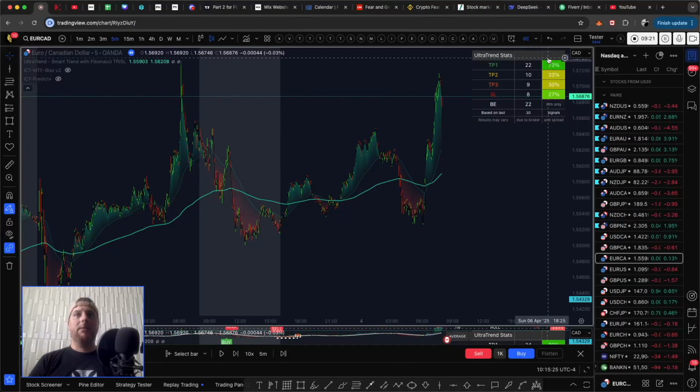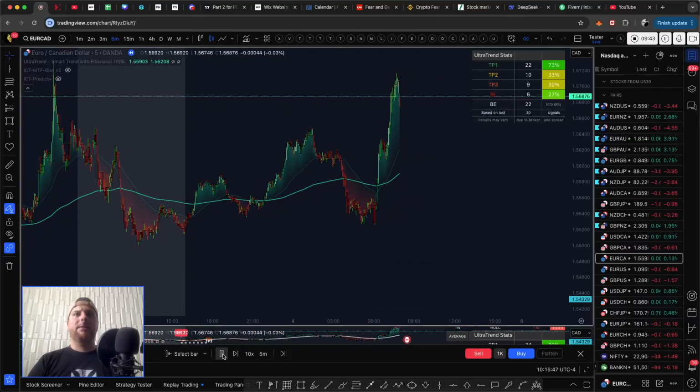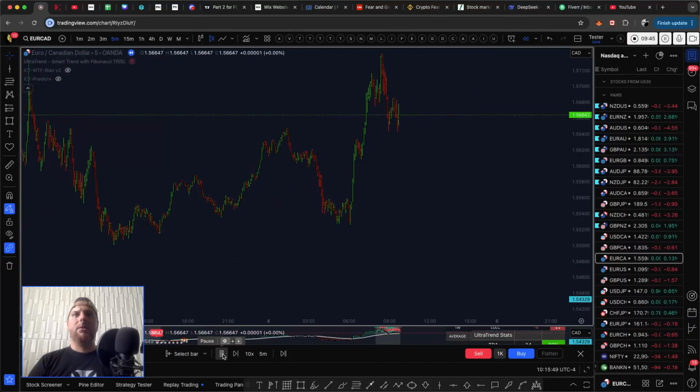It does give some really good winning percentage right here, it's actually good. But what I'm seeing visually right now is a more ranging market, and I don't like it at all, when the price is breaking below, above, below, above, below. Notice that this day, no signals at all were given, right?